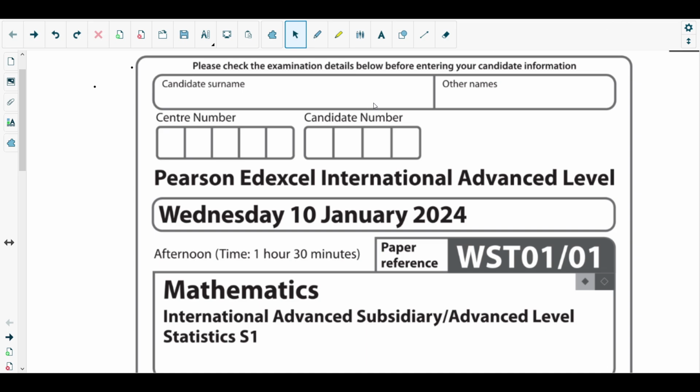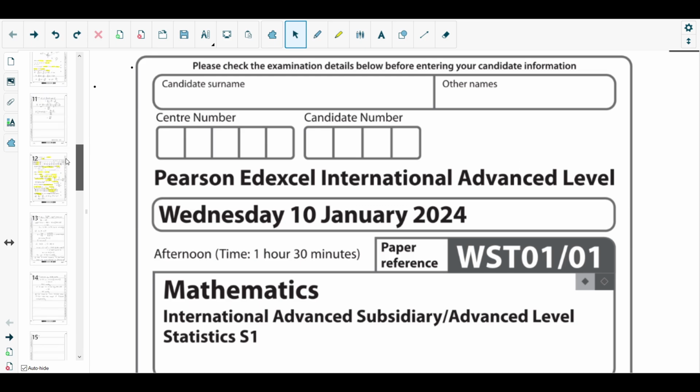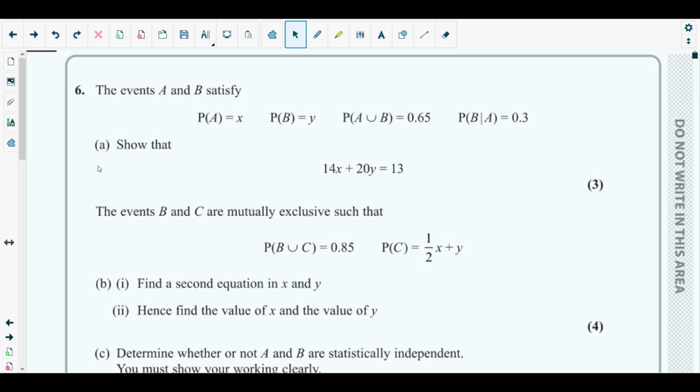In this video we will be solving the sixth question from Statistics 1, that is the S1 January 2024 paper. So let's see what question number 6 from this paper is about. The concepts behind this question are from chapter 4, the probability chapter of your Statistics S1 book.